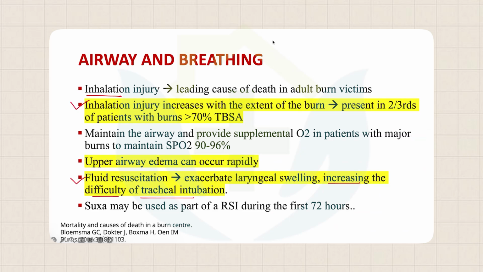In the airway, you have to assess for something known as inhalational injury. Now you have to intubate burns patients in three scenarios. One is that the patient is having significant burn injury and airway involvement. How will you assess whether there is airway involvement or not?